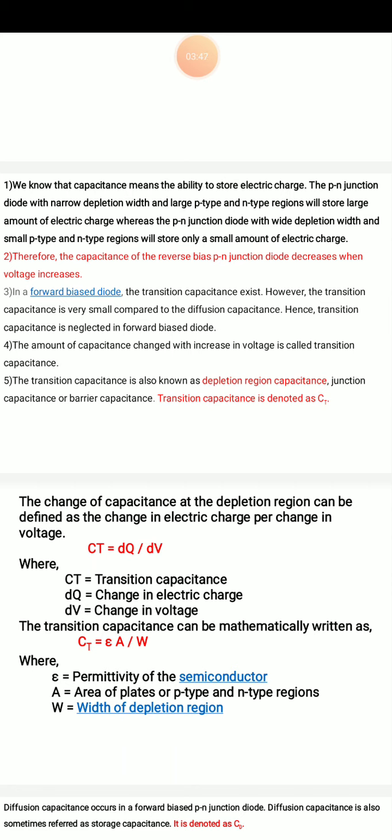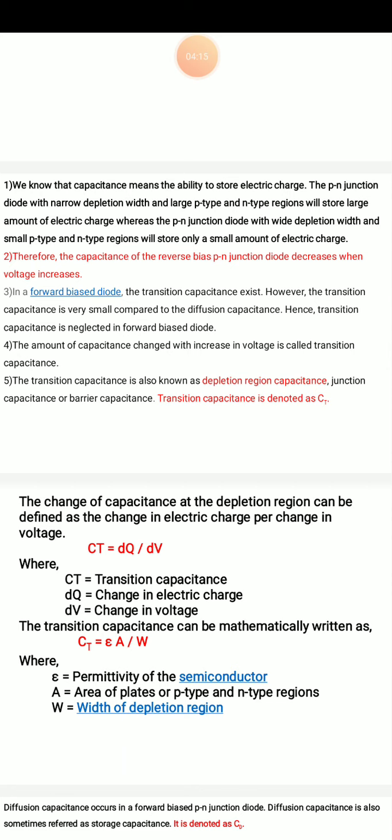So we know what the depletion region is: the region in between the p-type and n-type is known as the depletion region. As I mentioned earlier, in forward bias the width of the depletion region will be very small, whereas in the reverse bias the width will be very high.